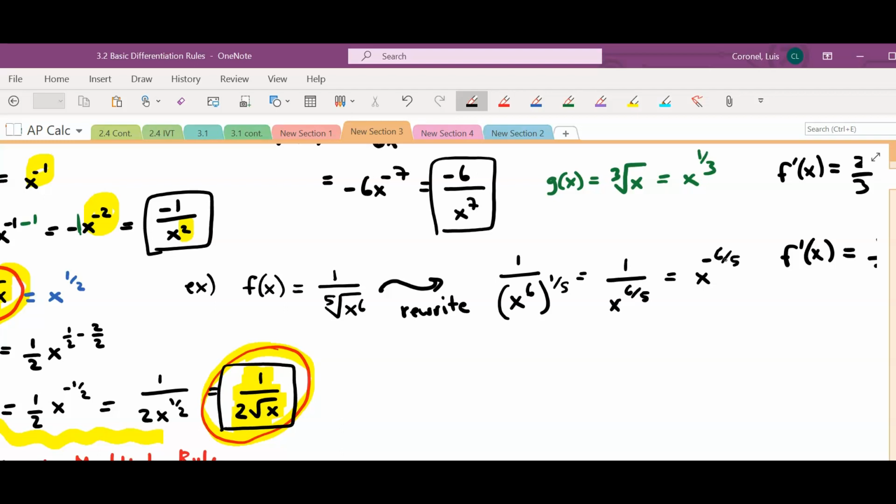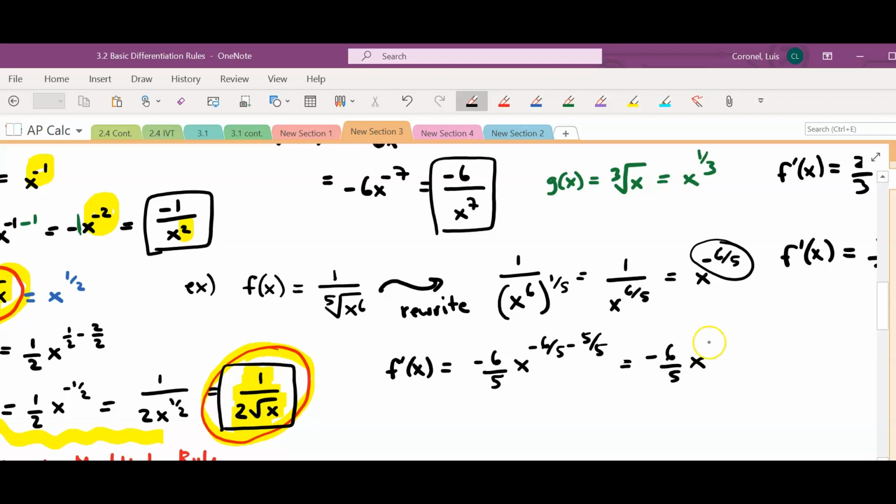Now, we do the derivative. F prime of x. The negative 6/5 goes to the front. You subtract 1, so I'm going to subtract 5 over 5. I need a common denominator. So we have x, and when you subtract 5 over 5, you have negative 11/5.